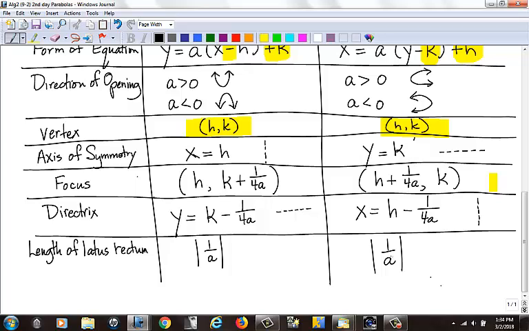Okay, now I'm going to take you through two examples, and this is what I want you to do on the homework. You have to go back through problems 5 through 10.